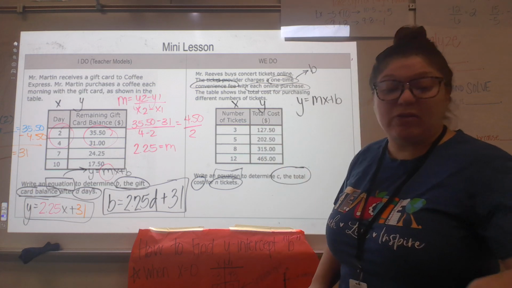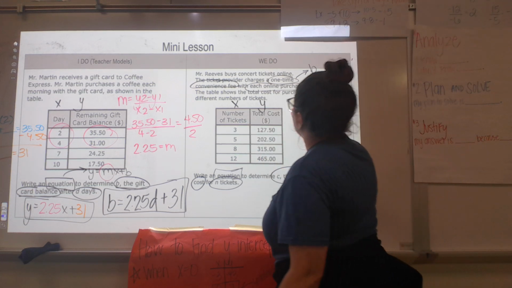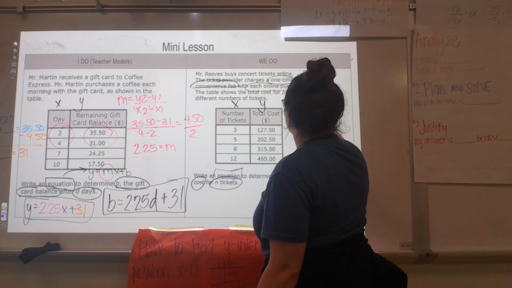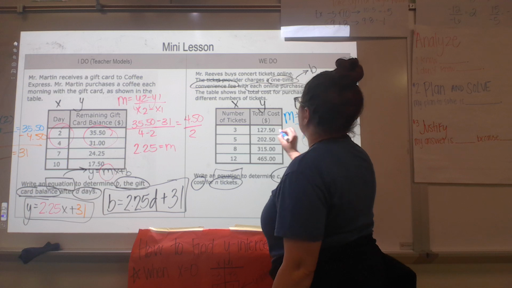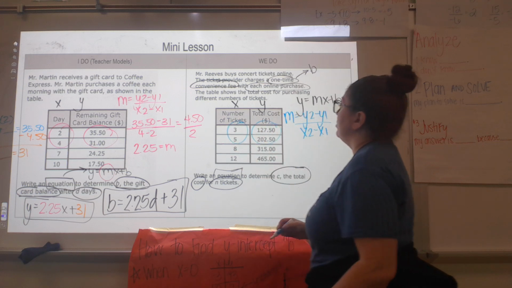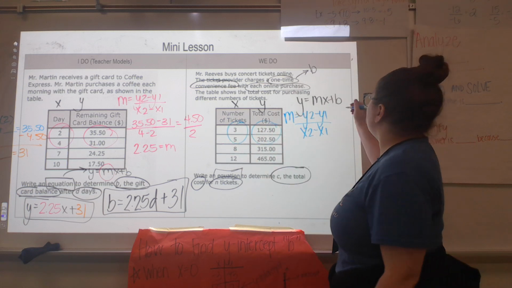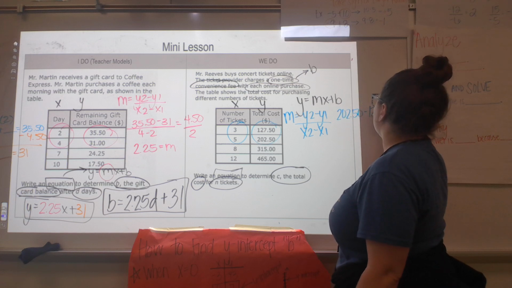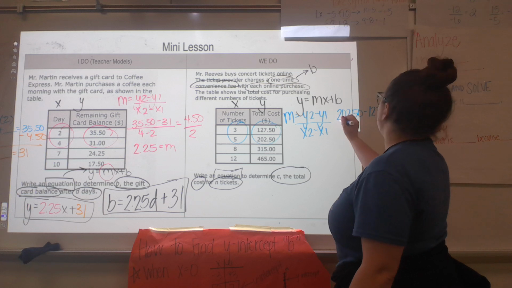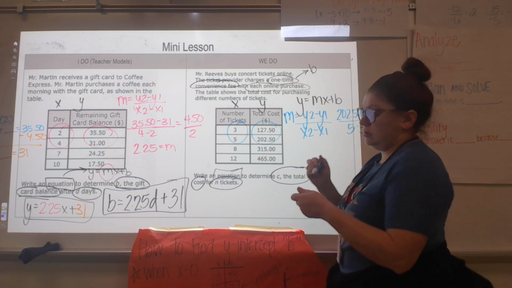So I'm going to go ahead and start with my slope. 202.50 minus 127.50 over 5 minus 3.